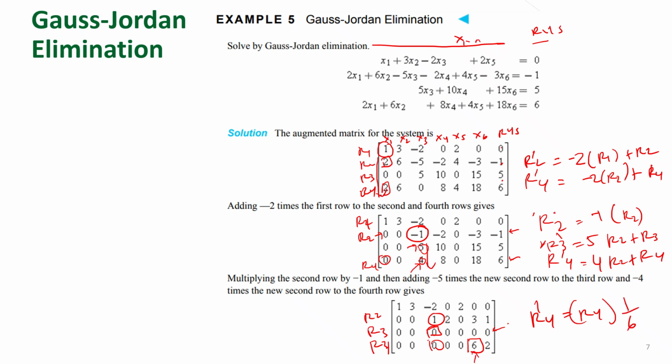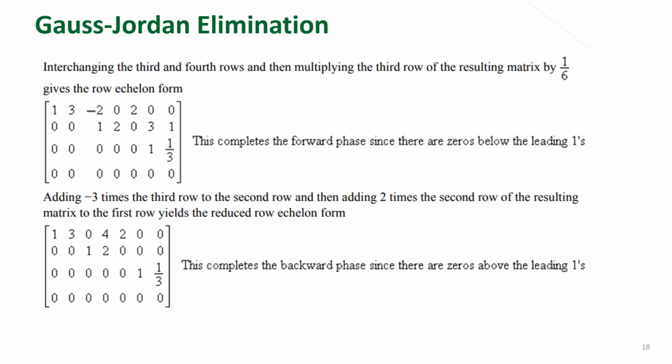So this will become 1, and this will become 2/6 or 1/3. See, you have this one become 1, this one become 1/3. Okay, this is called the forward phase. The forward phase is to make a leading one with 0 below it.